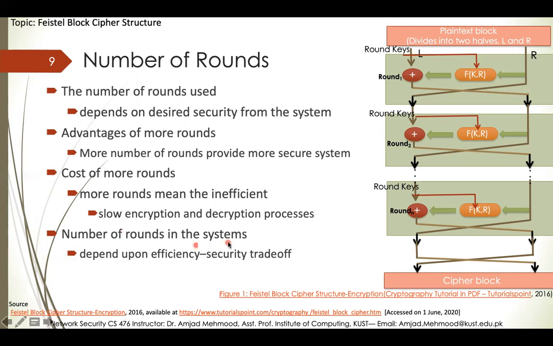So the number of rounds in the system depends upon an efficiency-security trade-off. You can add as many rounds as you want, and more rounds will give you more security, but you will have to pay the cost in the shape of inefficiency.